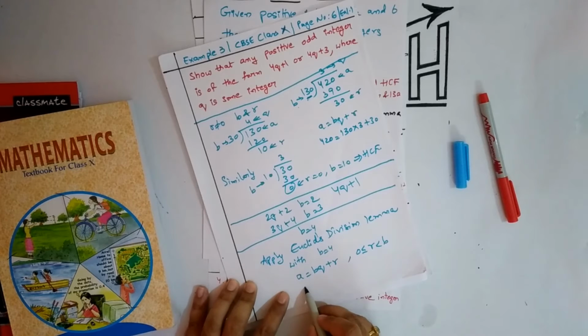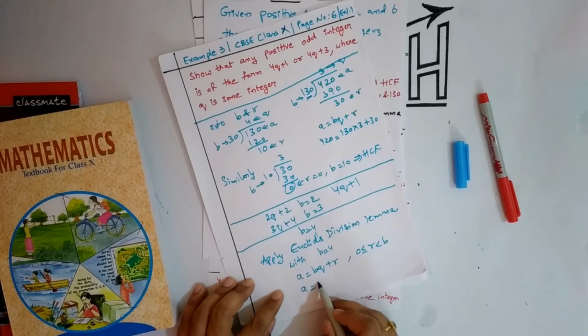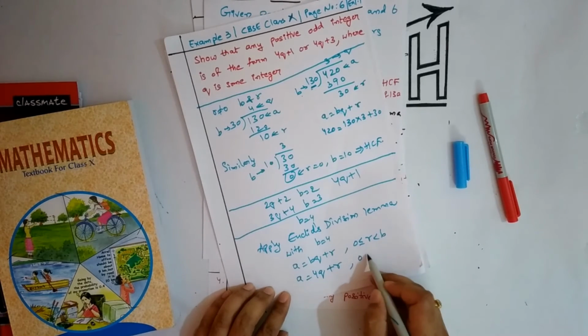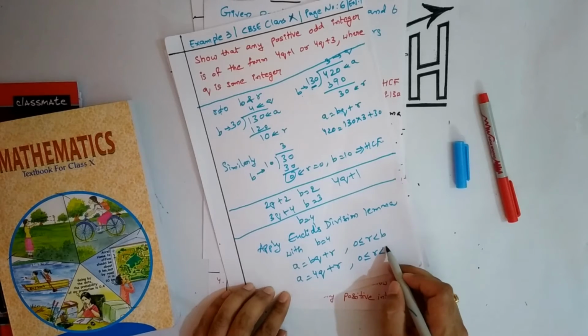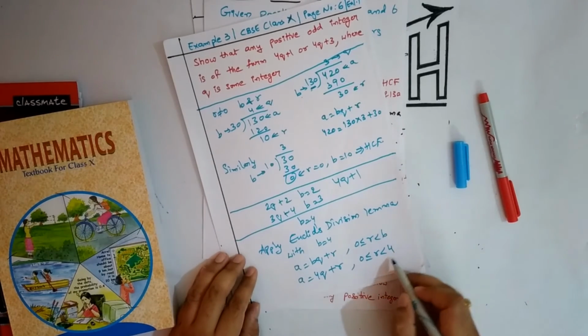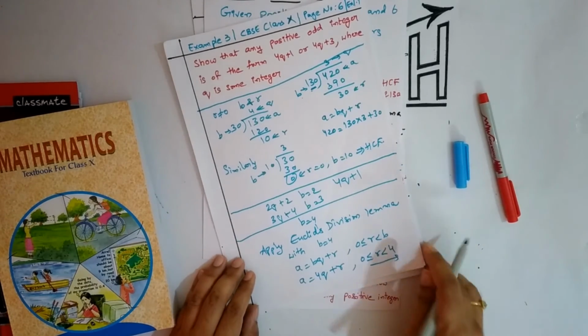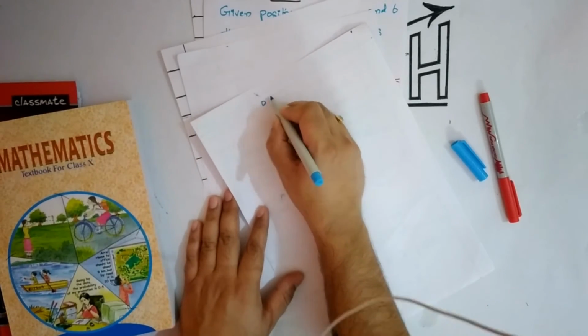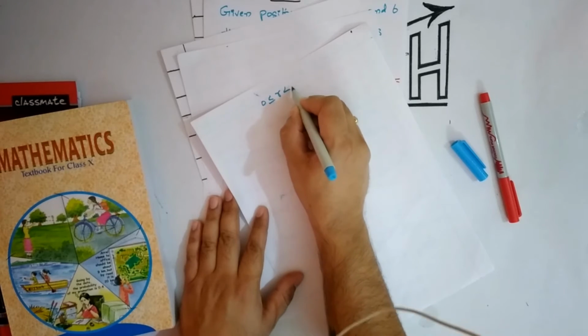When we apply it, in the place of b we substitute the value 4. a equal to 4q plus r, 0 less than or equal to r less than 4. So this statement here is important: 0 less than or equal to r less than 4.